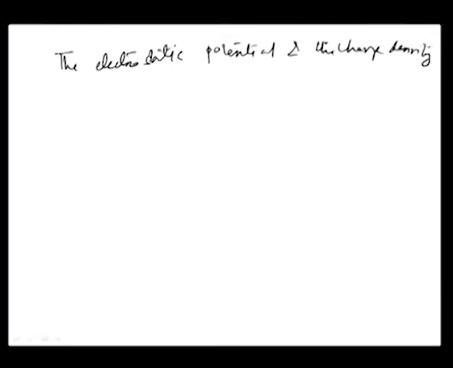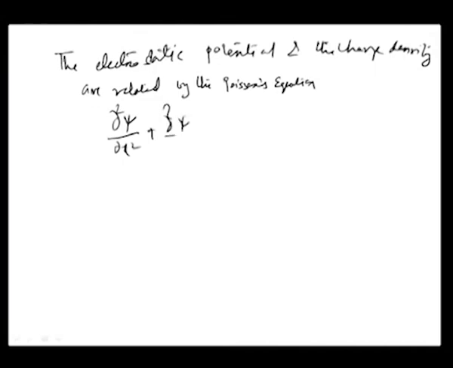So the electrostatic potential and charge density are related by Poisson's equation as del 2 xi by del x2 plus del 2 xi by del y2 plus del 2 xi by del z2.